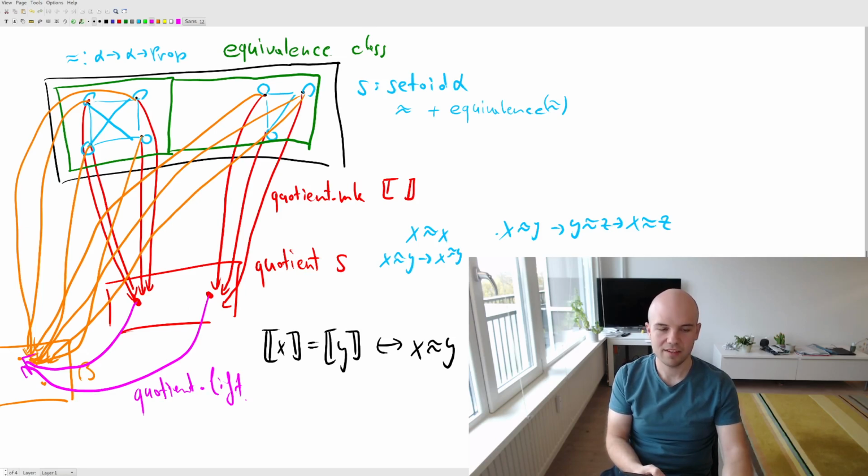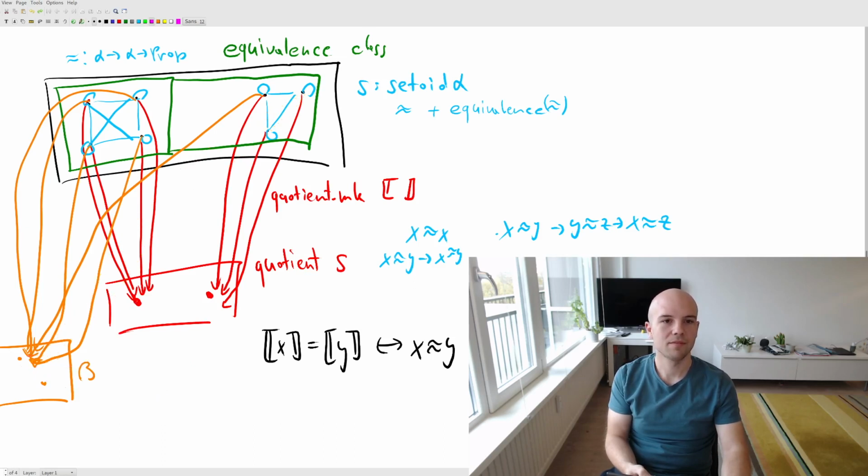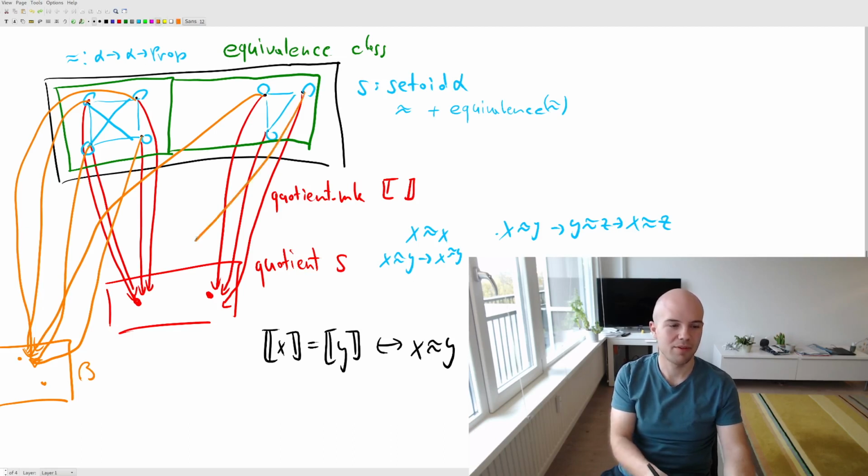Okay, so this clearly does not work for all functions from the original type. So if, for example, we said that, oh, we are just mapping this one to one element in beta and the other elements of this equivalence class to the other element in beta. So here.